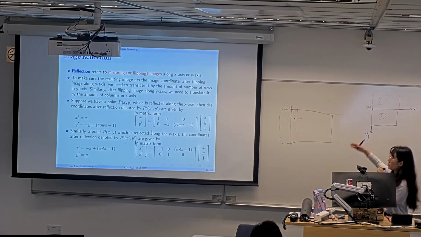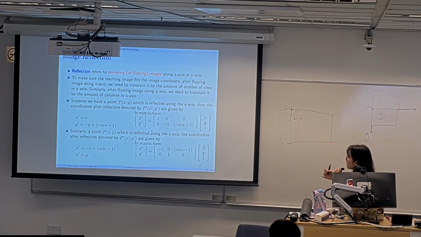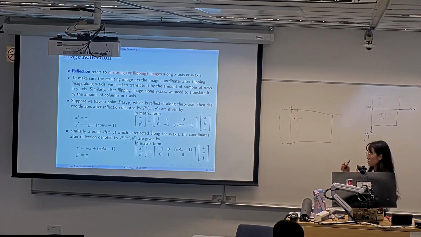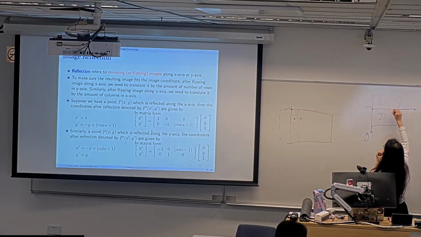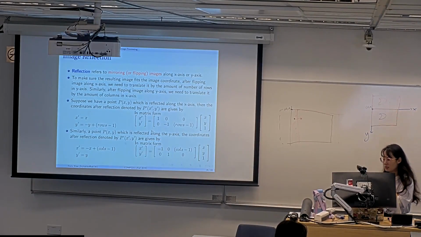So after the flipping, we need to translate it by the number of rows in the y-axis. After you have a resulting image from reflection, you still need to translate it back.